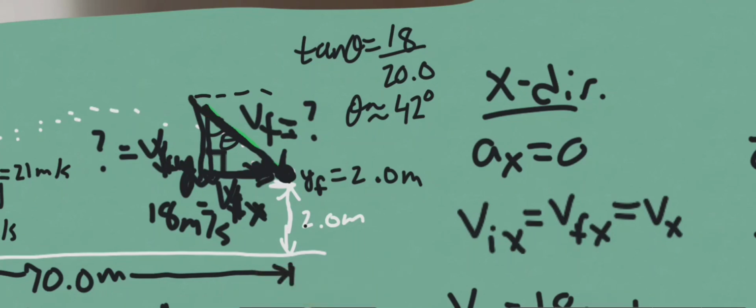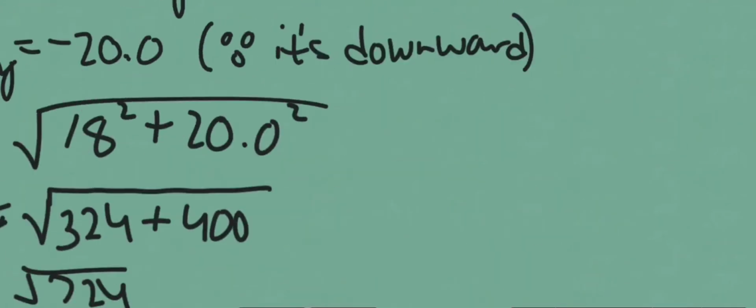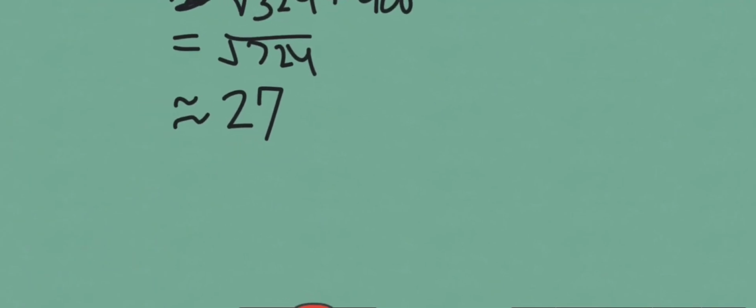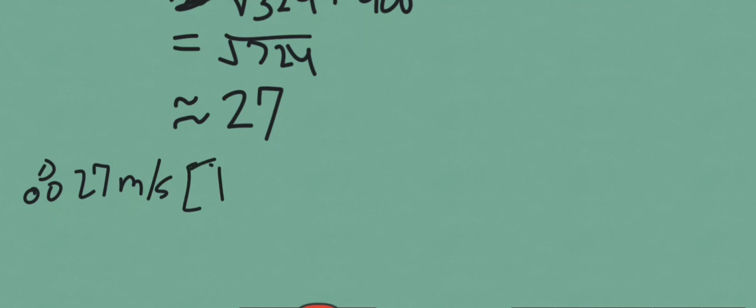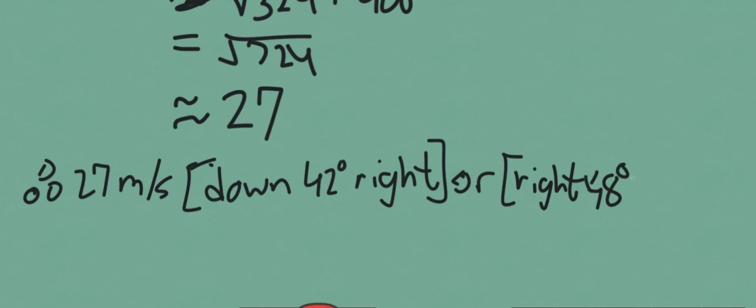The direction, as I explained last time as well, can be written in multiple ways. So therefore, the final answer is 27 meters per second. And you could say down 42 degrees right, or as I said, you could say right 48 degrees down.